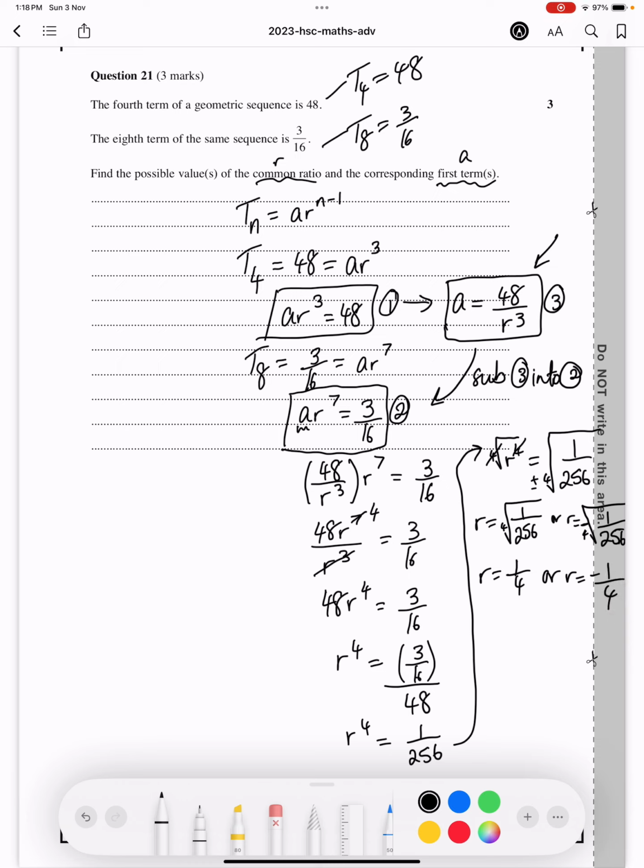And so now we can box those. I'm going to call that equation 4, and I'm going to call that equation 5.